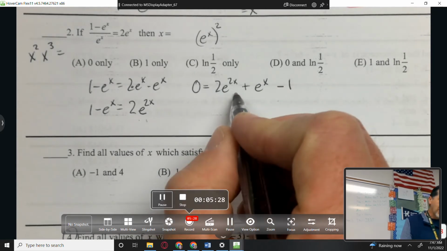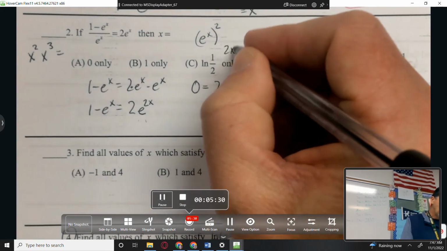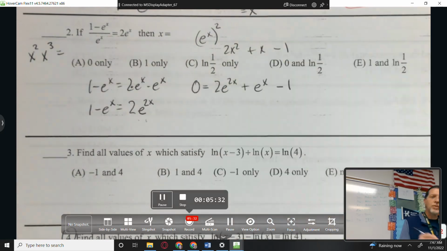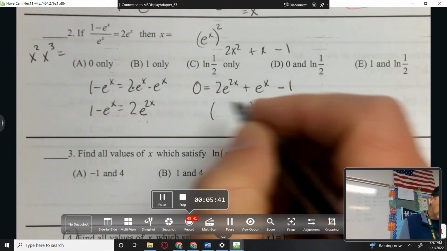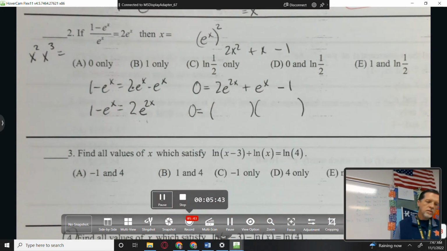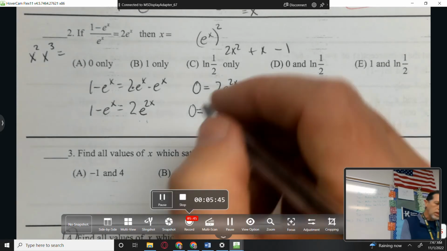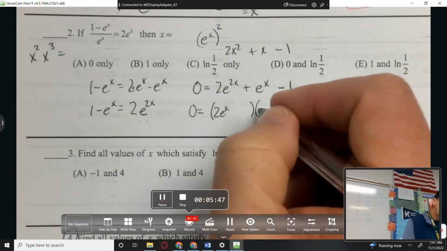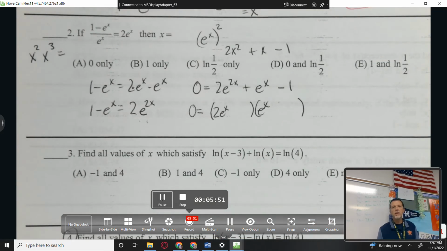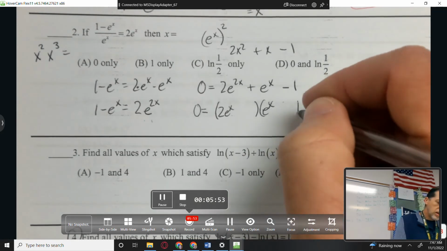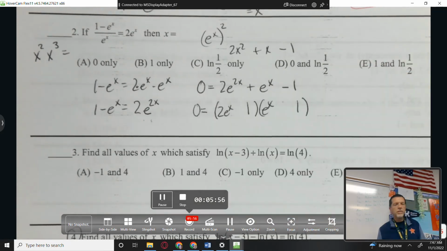This looks like 2x squared plus x minus 1 is what it kind of looks like. So I wonder if we could factor it like we would factor that. Two e to the x times e to the x, that would give me 2e to the 2x. 1 and 1 would get me 1.